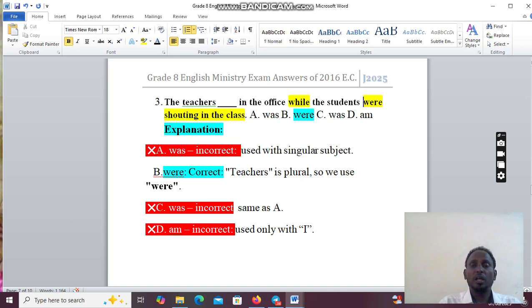So this is indicating one past action was continuous, and in this blank another action should be filled, which is a simple past action.